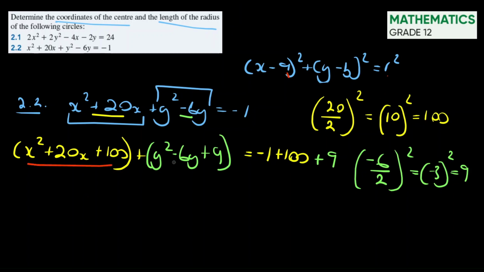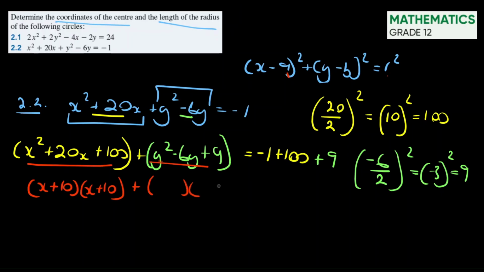I have a trinomial. Factors of 100 that you add or multiply will give you 20. Open two brackets. If you multiply 10 by 10, you get 100. If you add 10 plus 10, you get 20. So the values will be 10, 10.